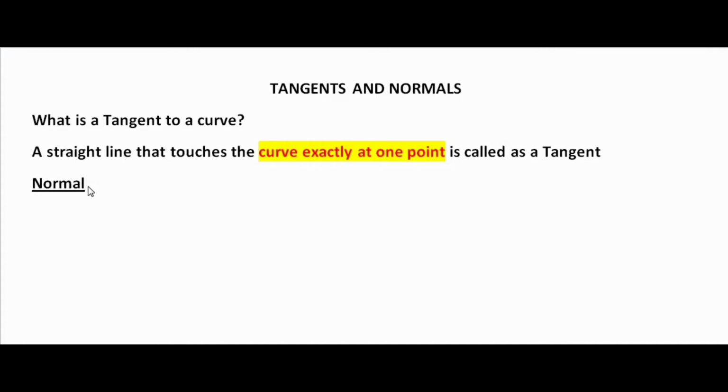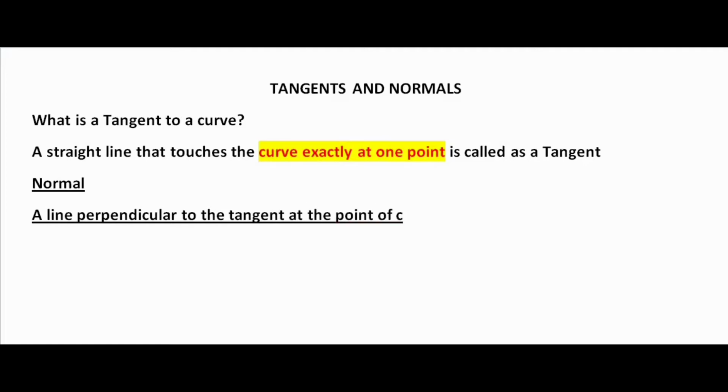Okay, now our concept is normal. What is normal? We discussed tangent; now let's consider what a normal is. A normal is a line which is perpendicular to the tangent at the point of contact.